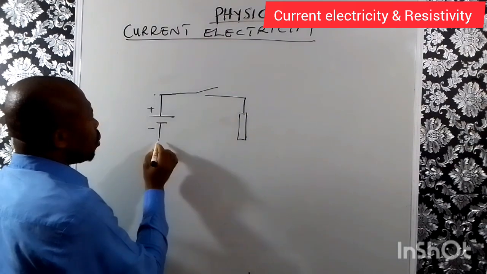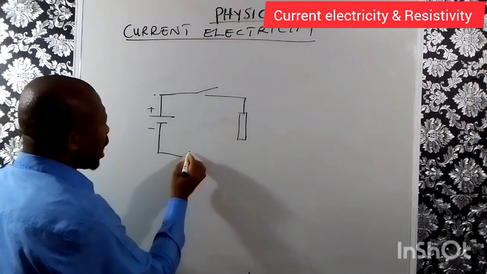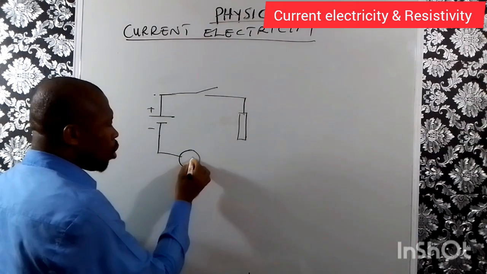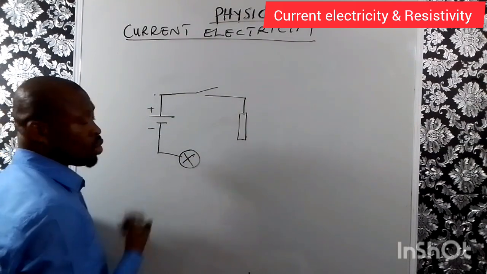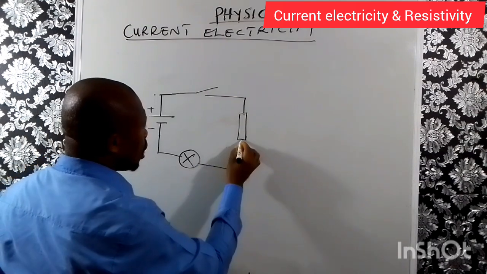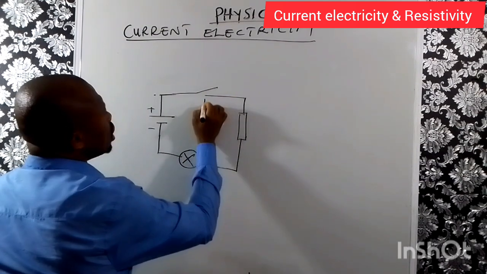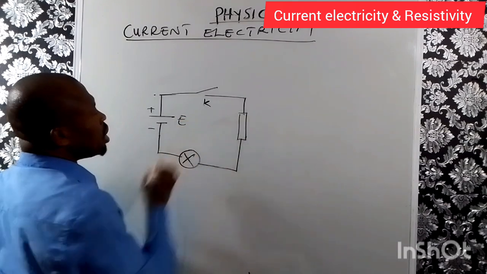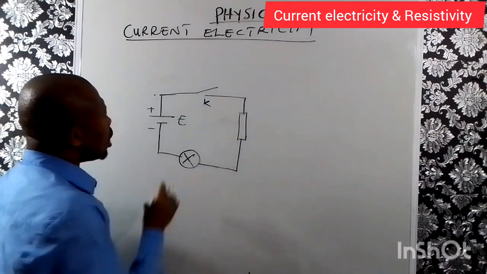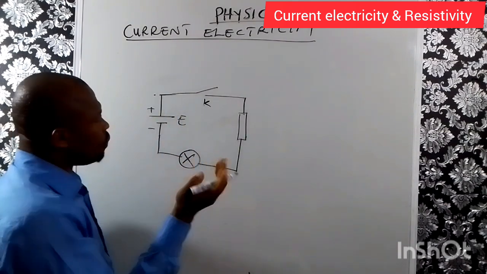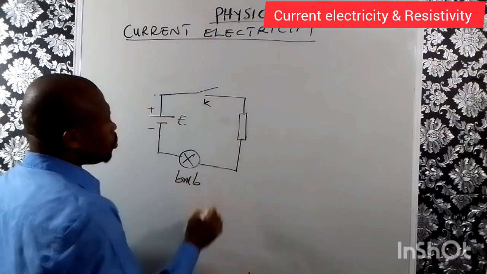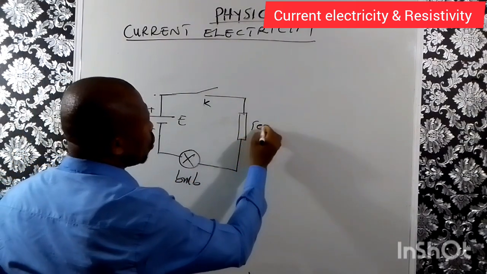Now if we have a resistor there, we can have, let's say, a bulb. This bulb is represented by X, which is a load. So this is the key. Now this is the electromotive force. Now this is the bulb, while this is our resistor.